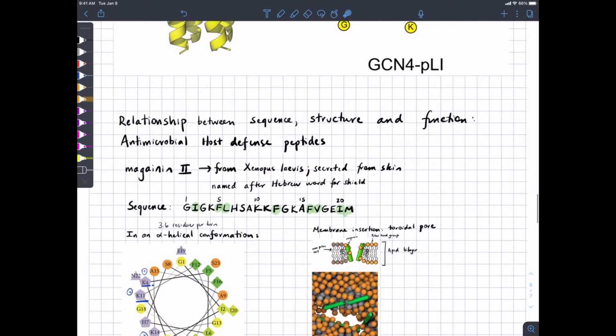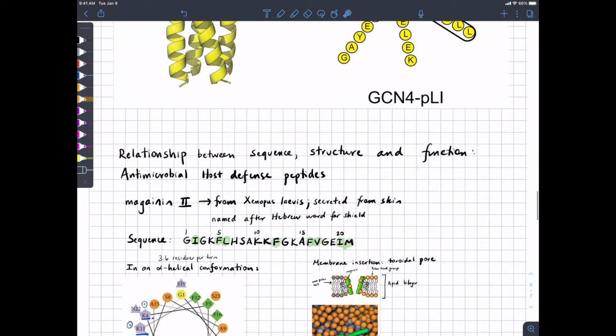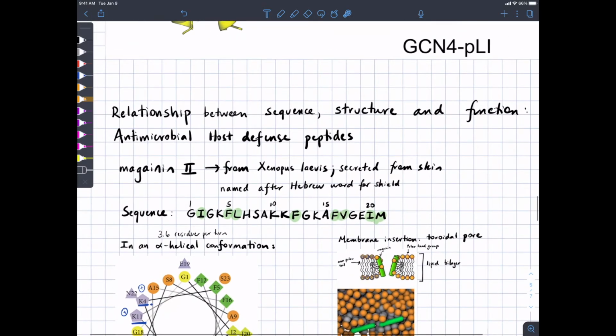Another thing that I wanted to talk about that's a nice illustration of the relationship between sequence, structure, and function is the idea of antimicrobial peptides. So, if you've ever been stung by a bee, it hurts. And one of the reasons it hurts is because the bee injects, among other things, a peptide called melittin.